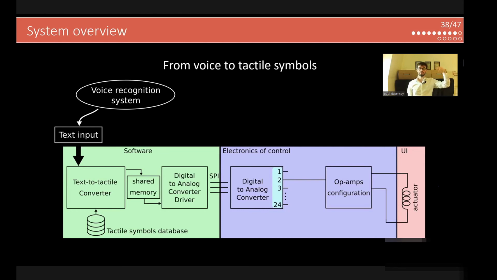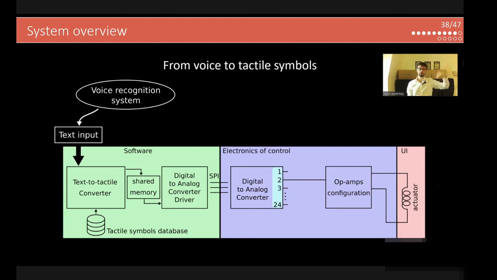And when text is sent into this part, it will convert this text into a 3D matrix that corresponds to the behavior of each actuator. And so you have a dimension that is the number of actuators, and the other two are the intensity of the voltage over time. And then you also have, on the other hand, the digital to analog converter driver. So these two parts are separated. So it's two threads.